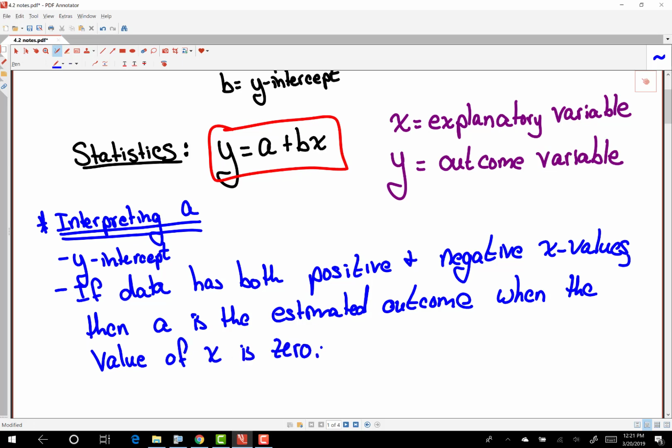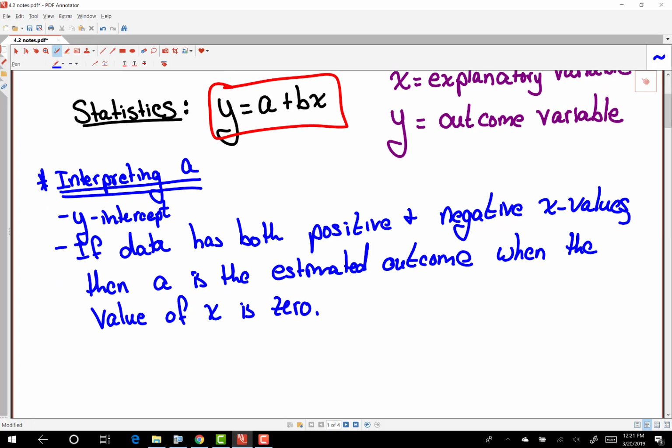There aren't that many situations where you're going to have both positive and negative x values. This is going to be the rarity. So if the x values are all positive or all negative, then a is meaningless. And that's going to be your answer most of the time.